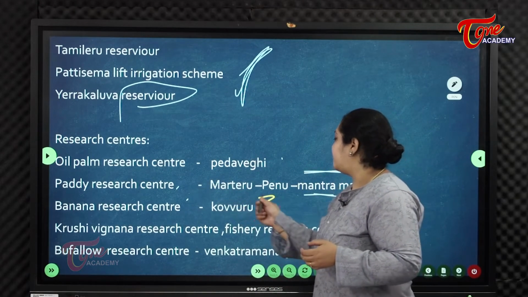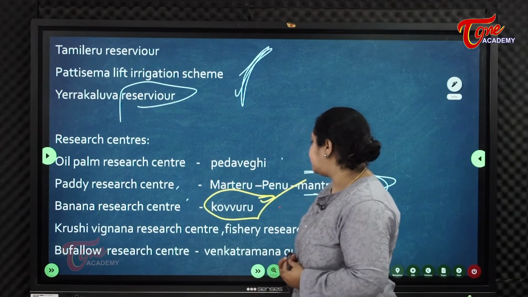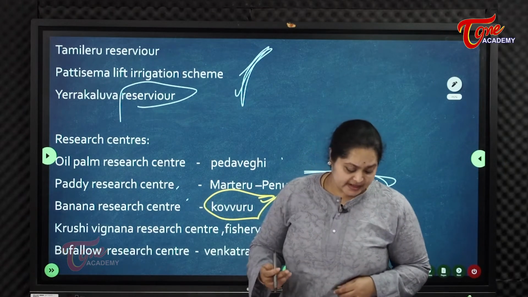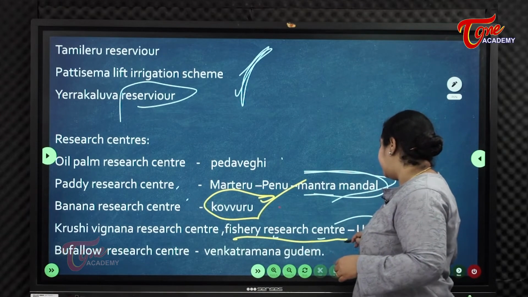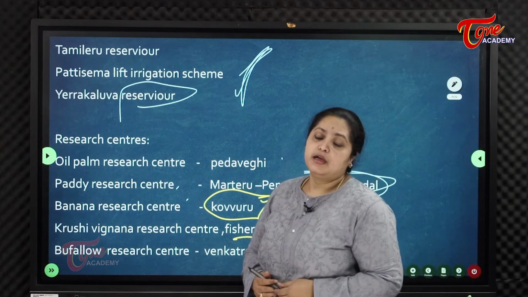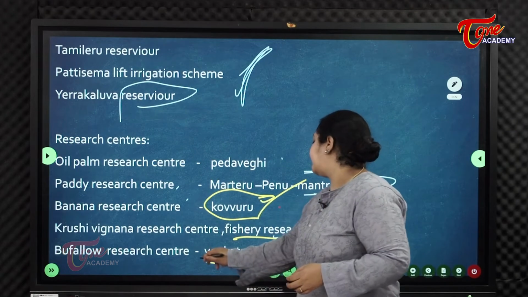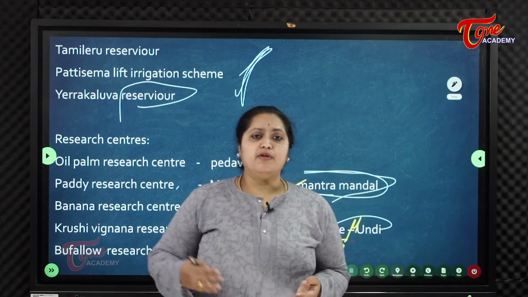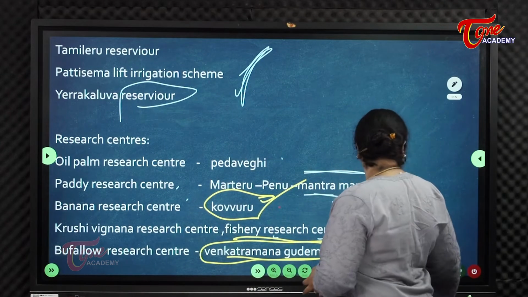Next, the Krishi Vignan Research Center or Fishery Research Center is in Undi. Next, the Buffalo Research Center is in Venkataramana Gudam. These are some of the important research centers of West Godavari district.